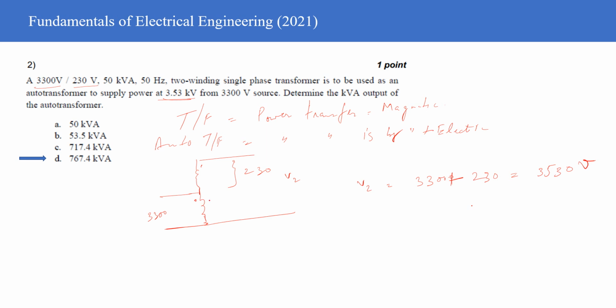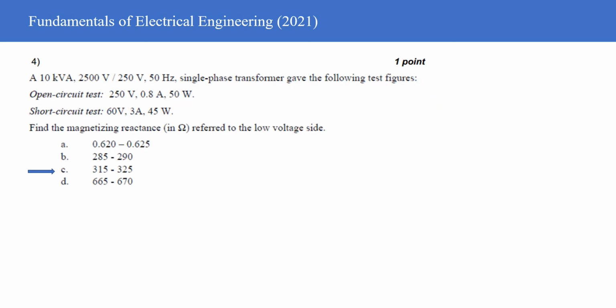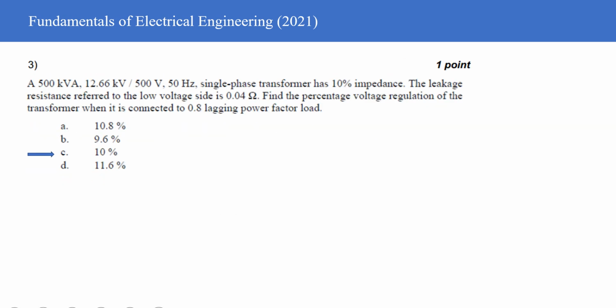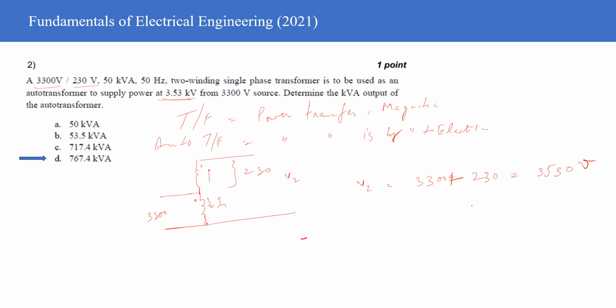Now we know that the current is not going to change. So the current in this particular section will be I1 and this will be I2. But what is I1?